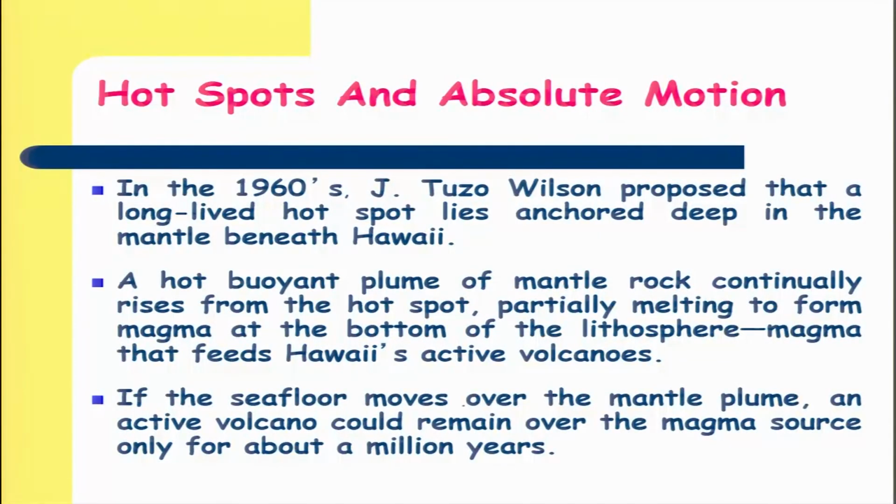So if the seafloor moves over the mantle plume, an active volcano could remain over the magma source only for about 1,000,000 years. Because the motion of the plate is not so fast, it will remain for at least 1,000,000 years there, and then the next volcanic eruption will be experienced.